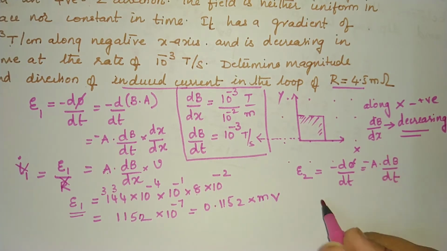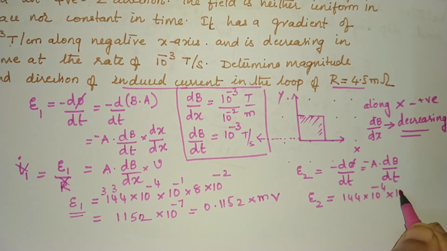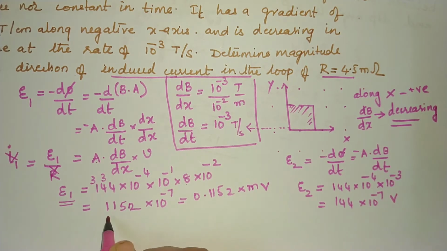Already we know the value of dB/dt, which is also decreasing. So E is equal to, area is 144 centimeter square, dB/dt is 10 to the power minus 3. When I simplify this, I get 144 into 10 to the power minus 7. Okay, you can leave it in 10 to the power minus 7. Both the values we have got in 10 to the power minus 7.